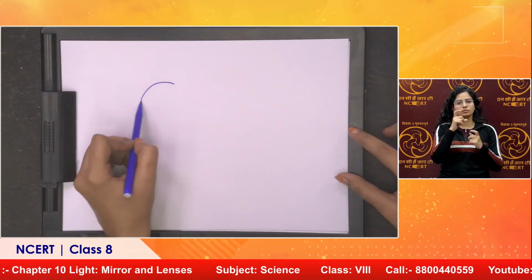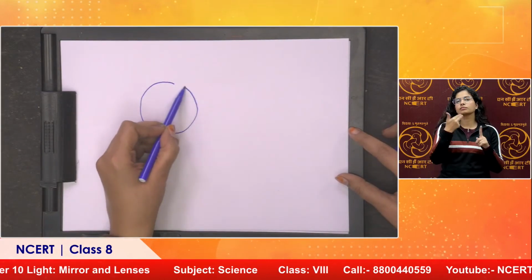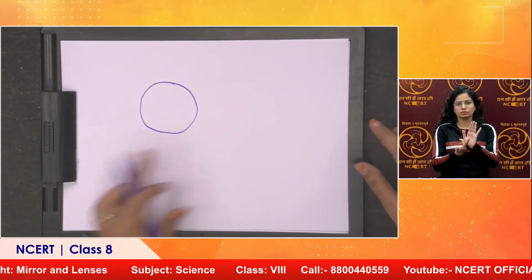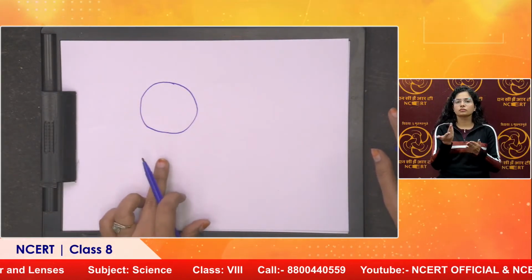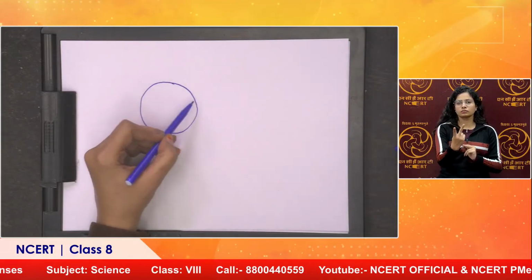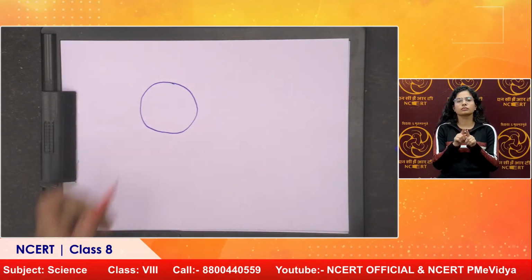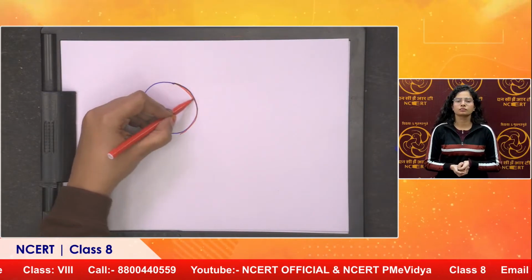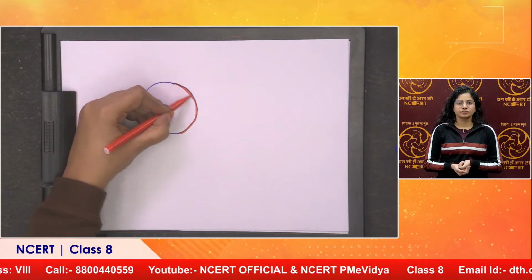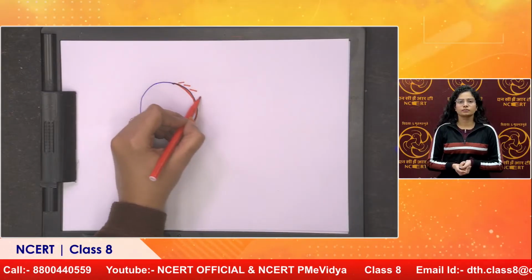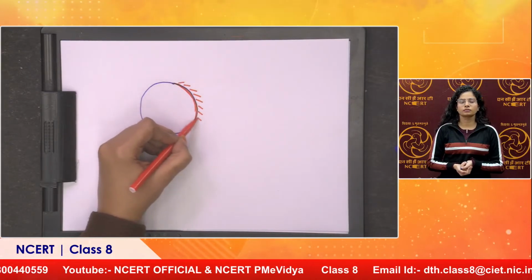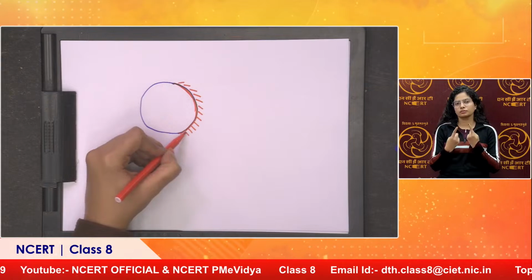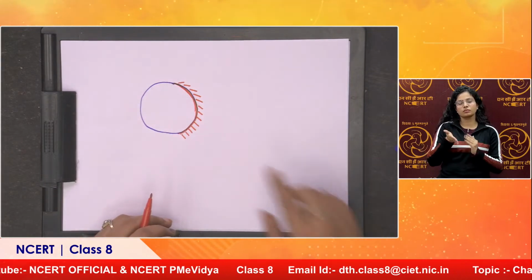If we take this whole sphere, it has two surfaces. One surface is making a cave like this. So you get a cave, and the mirror is polished on one side.